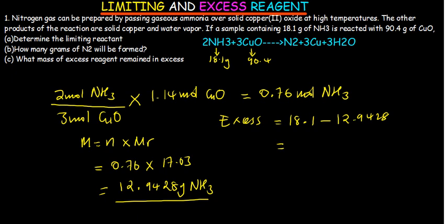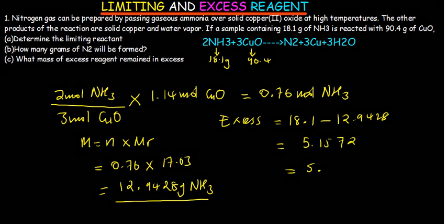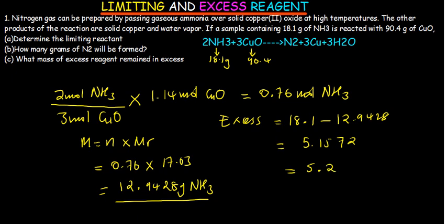So this is going to give us 5.1572, which we can give as just 5.2 grams of ammonia. This is the mass of ammonia that is going to remain in excess.